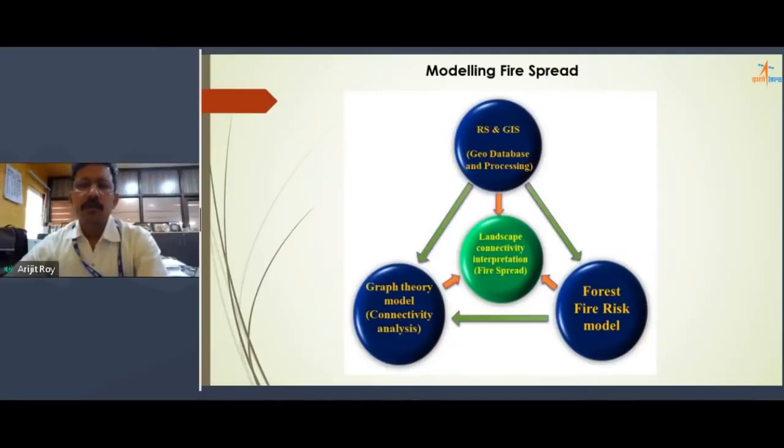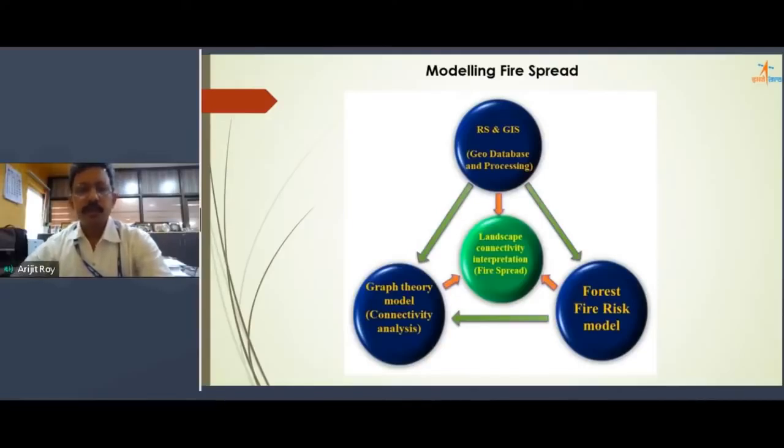So this basically requires 2 or 3 aspects. One is we need to predict the weather conditions. Second is that we need to identify the landscape connectivity. And third is we need to model the forest fire behavior.